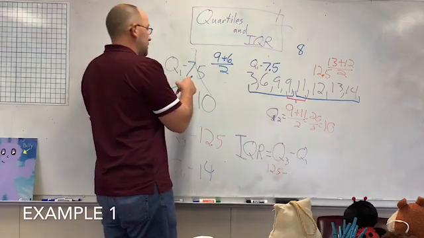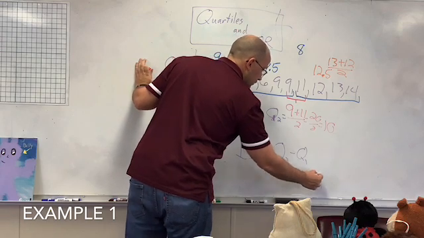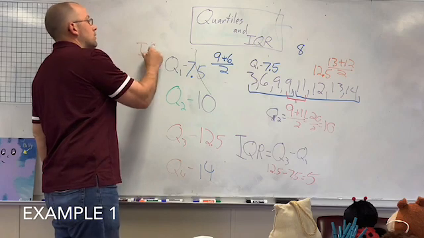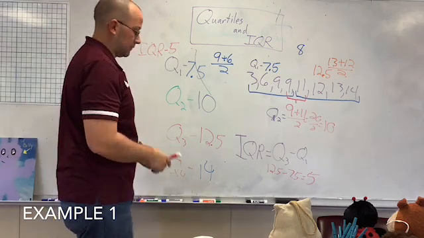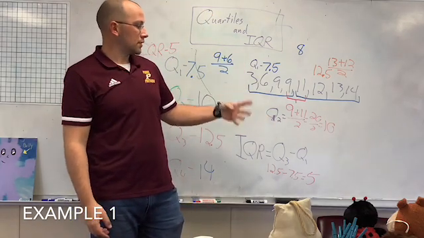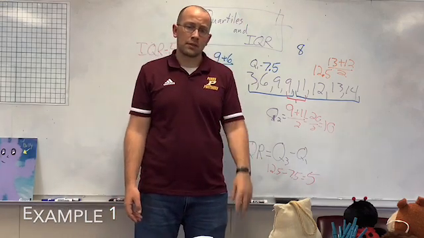My Q1 is 7.5. And that gives me 5. So my IQR, or interquartile range, is 5. And that is how you find the 4 quartiles and your IQR. But don't worry if you're confused, we're going to do 2 more examples of it.